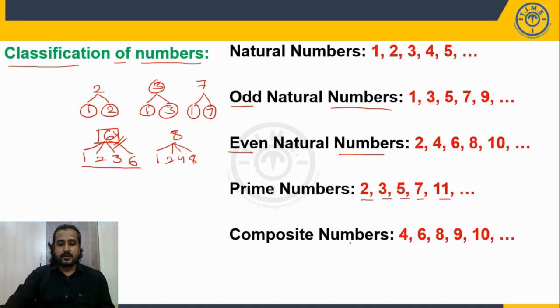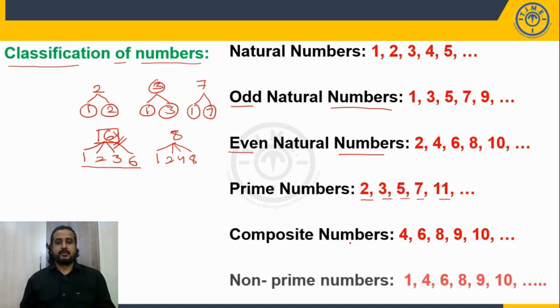Clear? Now non-prime numbers. The numbers which are not prime, we call non-prime numbers. So 1, 4, 6, 8, 9, 10, all these numbers are non-prime numbers. Here 1 also comes, because 1 is not a prime.